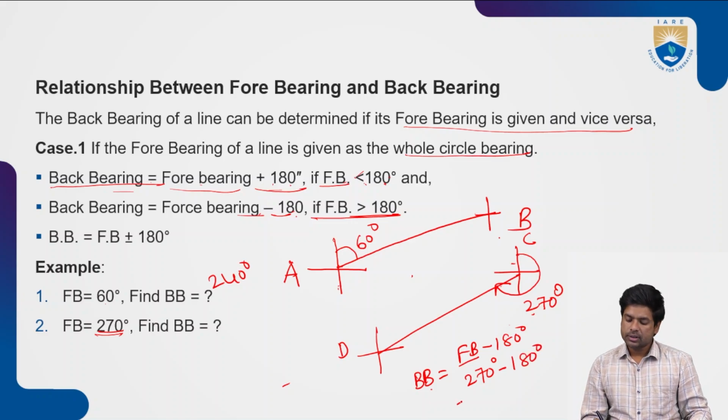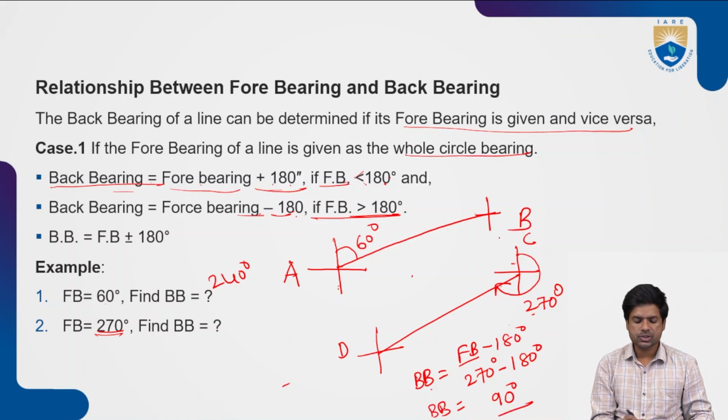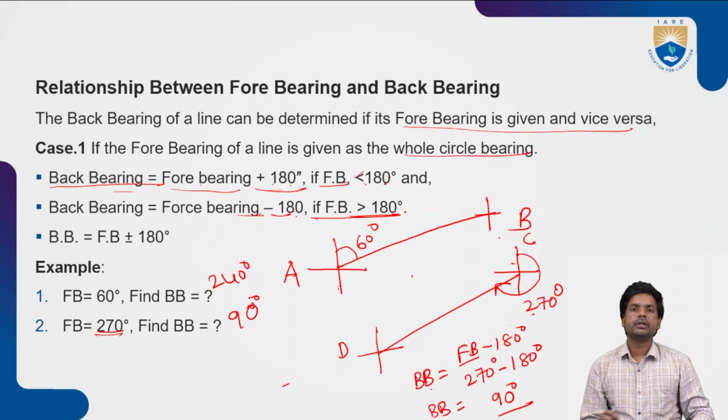Now the value is 90 degrees. If you subtract 180 from 270, then the value is 90 degrees. So the back bearing value is equals to 90 degrees. So this is how we are going to find out the values of back bearing when the forebearing value is given in the question.